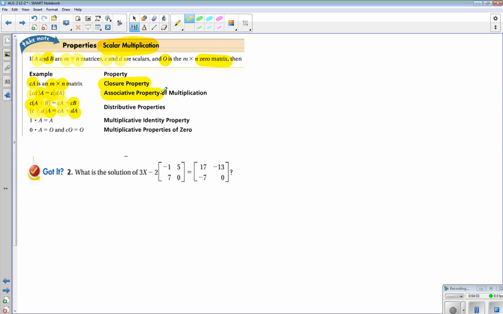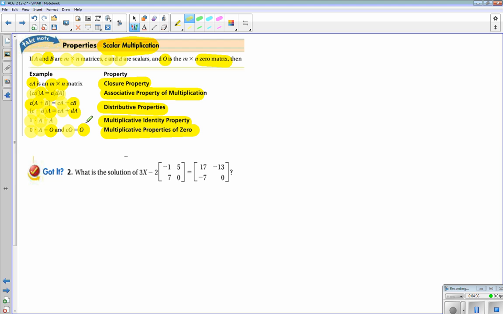So those are the associative property of multiplication and the distributive properties. The multiplicative identity property is 1 times the matrix is the matrix. Same with the multiplicative properties of 0. When I multiply the matrix by 0, I get the 0 matrix. And if I multiply the 0 matrix by a scalar, I will get the 0 matrix.